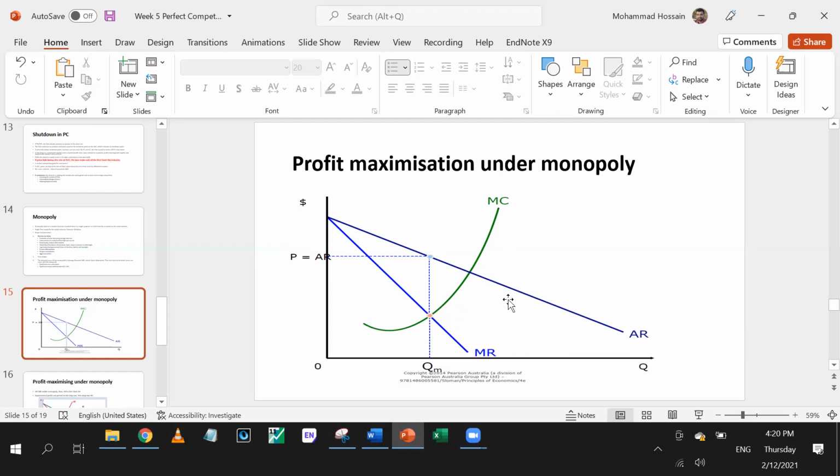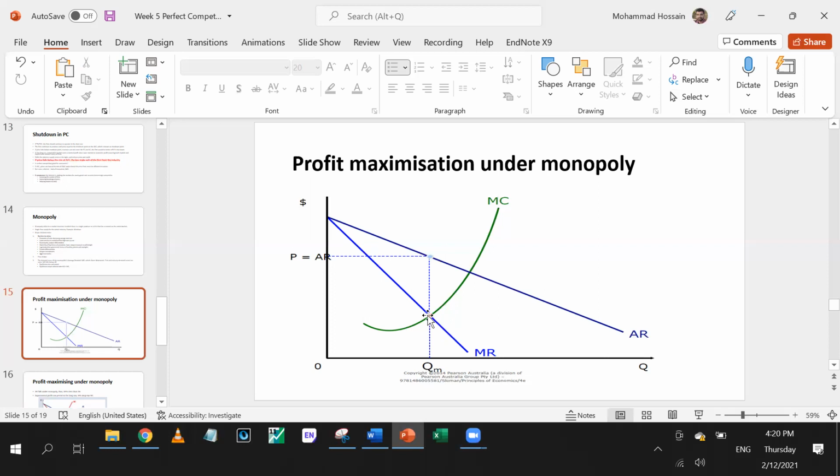So the rule of thumb is how much this monopoly company will be producing. This monopoly company will be producing where the marginal cost and marginal revenue intersect, which is this point.